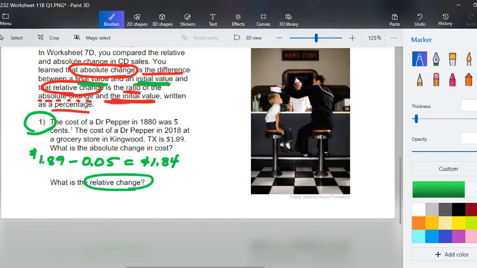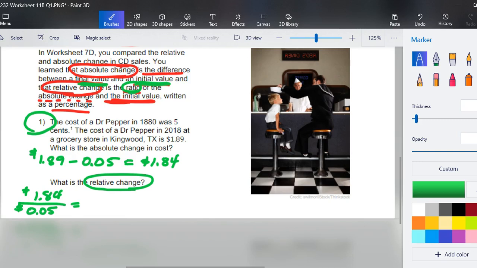To calculate the relative change, you can simply take your value for the absolute change and write it as a ratio of the absolute change to the initial value, the starting value. In this scenario, in 1880 we started with a Dr Pepper being 5 cents.